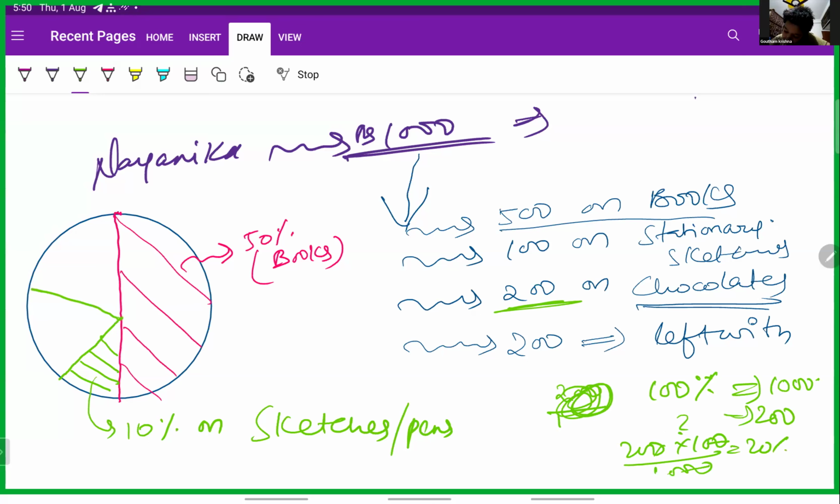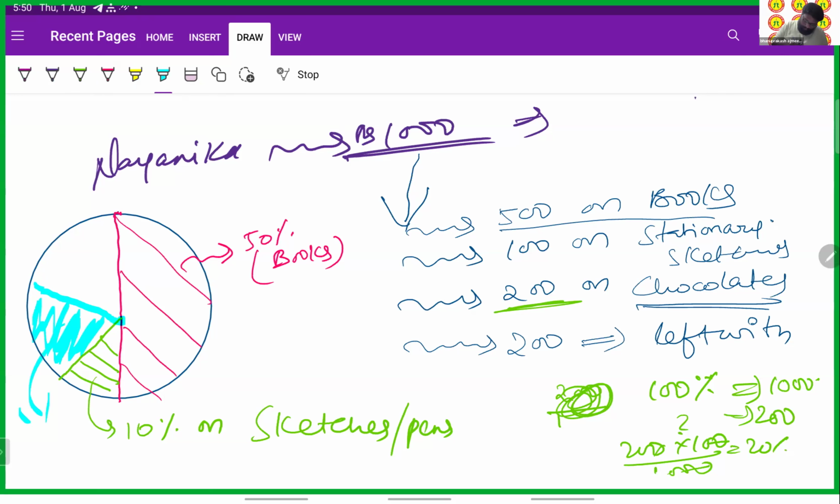The space remaining will be half, because I have 200 rupees left, which is 20%, as well as the 200 rupees spent on chocolates.